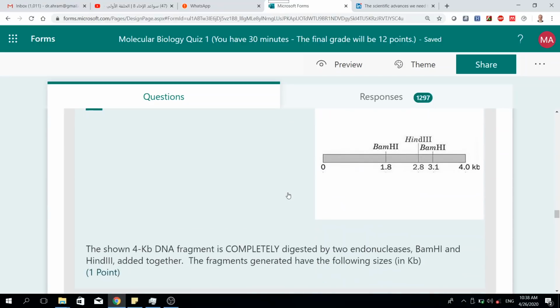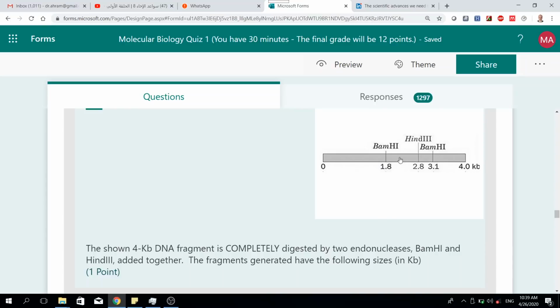So, shown is a 4 kilobase DNA fragment completely digested by two endonucleases, BamHI and HindIII, added together. So they all cut the DNA. The fragments generated have the following sizes. So this one here would cut the DNA right here at this position, generating a DNA of 1.8 kilobase.